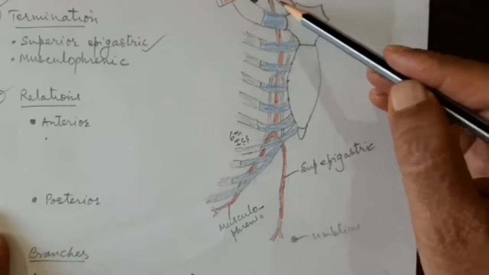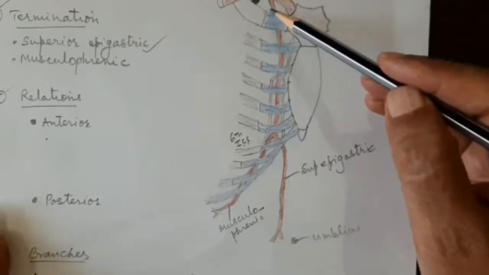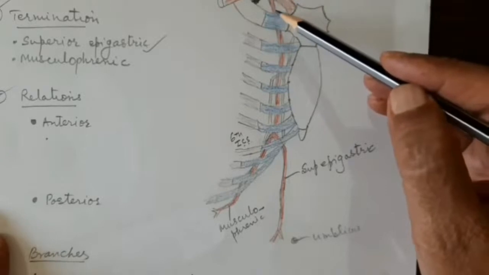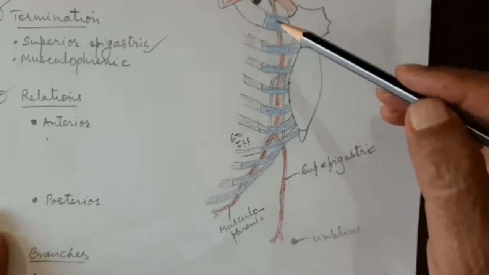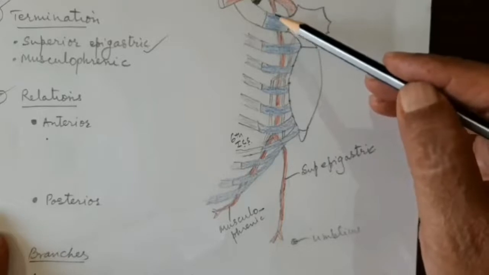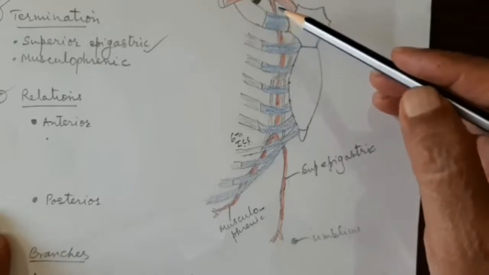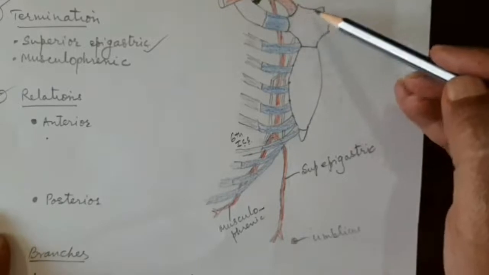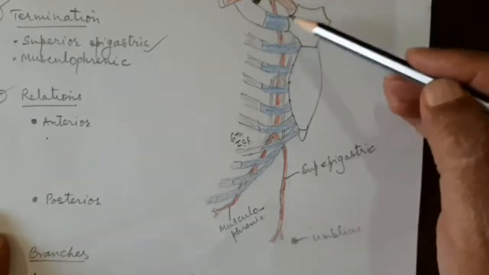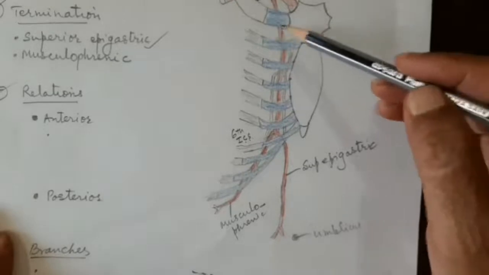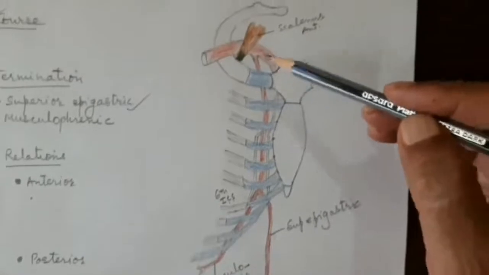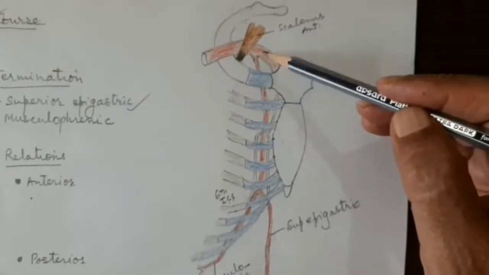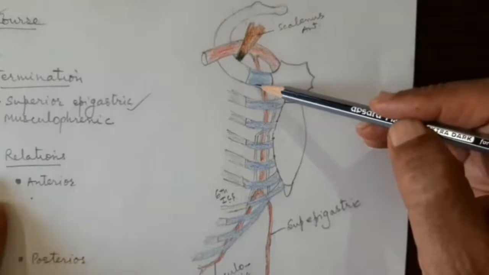So the medial end of the clavicle will cover the beginning of this artery, soon after its origin from the subclavian. Then it will lie posterior to the brachiocephalic vein, and then posterior to the first costal cartilage.